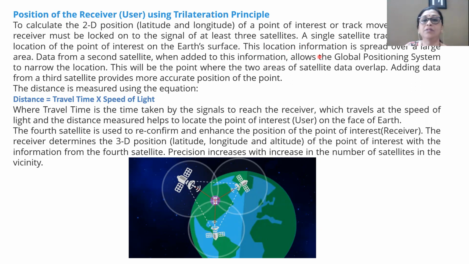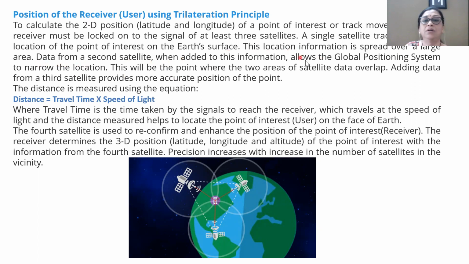Now, this location information is spread over a large area, and data from a second satellite is also calculated, and that is added to the first data.